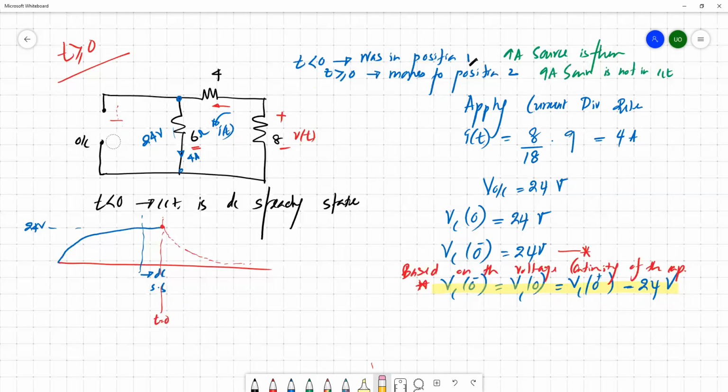So we have a capacitor here. It's there, and here the initial condition is 24 volt.